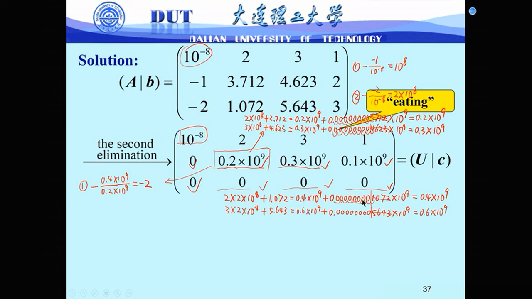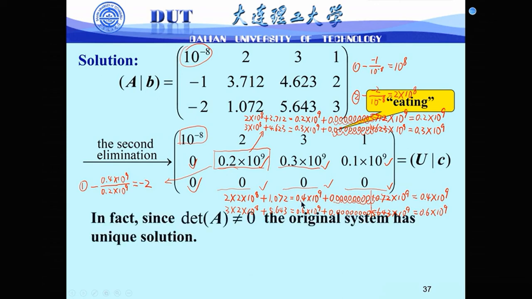In fact, the determinant of A, the original matrix, is not 0. Though this number is very small, the determinant of A is not 0. So the original system has a unique solution. That means matrix A is non-singular, so the original system has a unique solution, right?